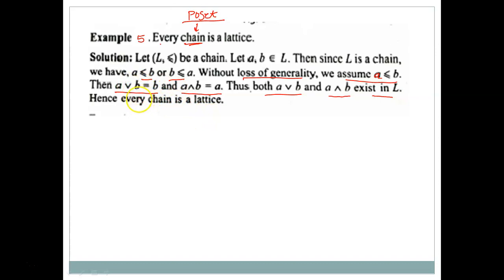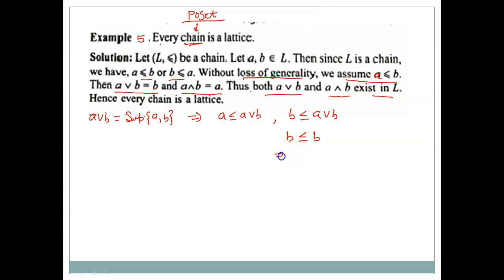This A join B equals the supremum of A and B. That implies, by the definition of supremum, that A is less than or equal to A join B, as well as B is less than or equal to A join B. I can also write that B is less than or equal to B, because the reflexive property holds in a partially ordered set.